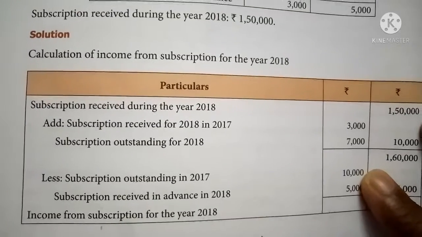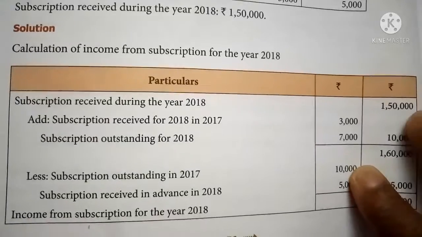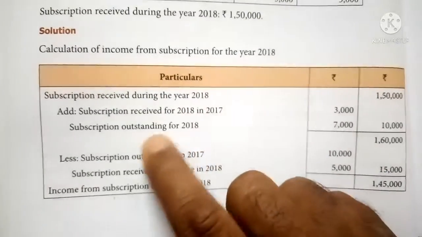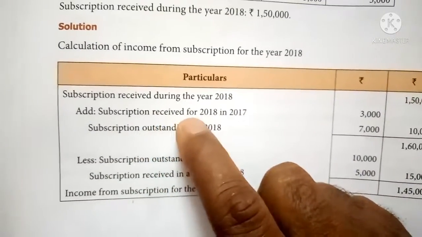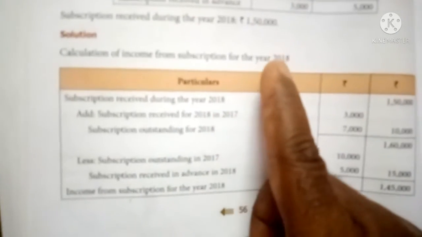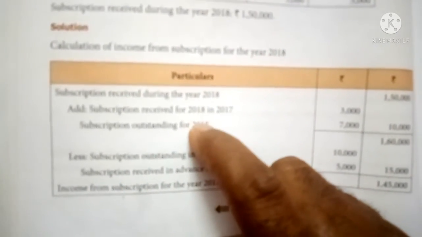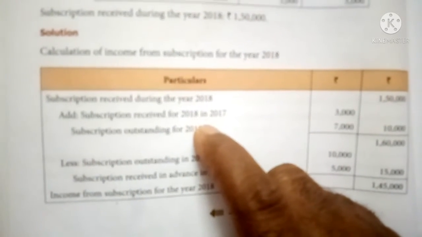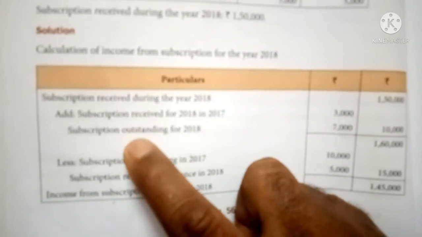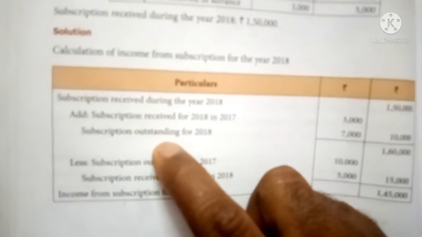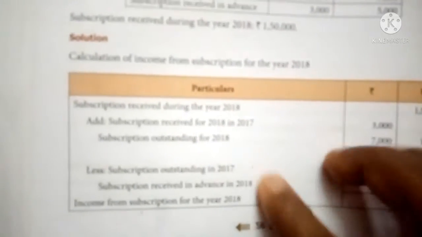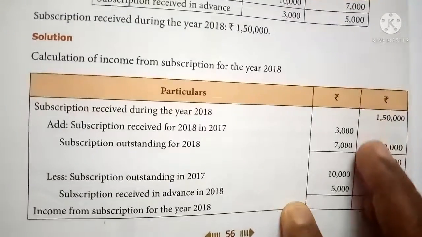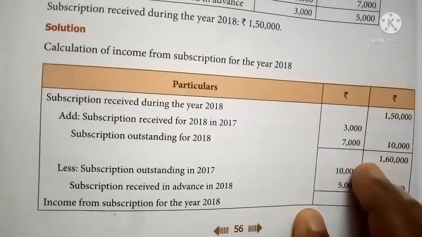First you write the subscription received during the year, that is 1,50,000, and add subscription received in the previous year for the current year, that is 3,000. And the current year subscription outstanding, that is 2018 subscription outstanding, is rupees 7,000. Both amounts, 3,000 and 7,000, make 10,000 to be added. So to 1,50,000 add 10,000, the amount is 1,60,000.